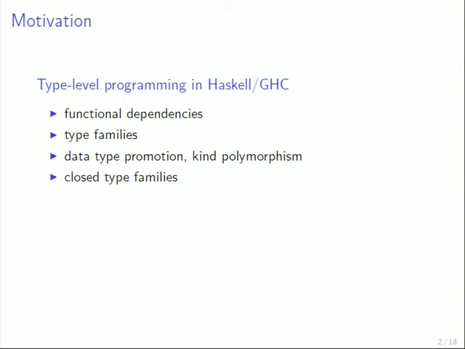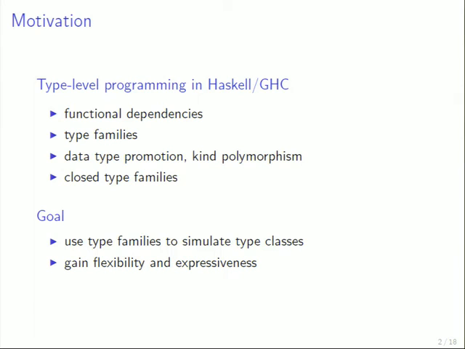Going all the way back to type classes, but then functional dependencies allowed us to do some kind of type-level programming already. Once we had type families, and especially closed type families, we could do even more on the type level. And with the introduction of data type promotion and kind polymorphism, we even have a language of types that we know and love already on the term level.